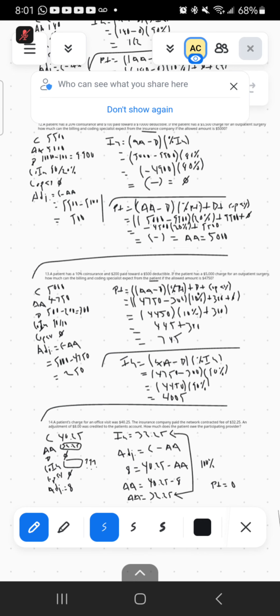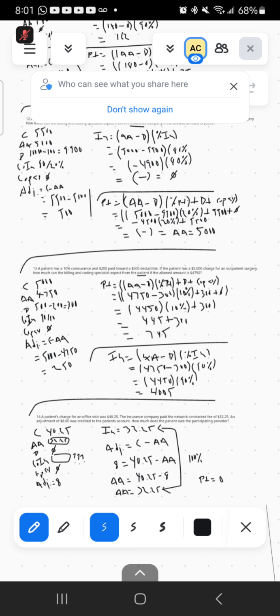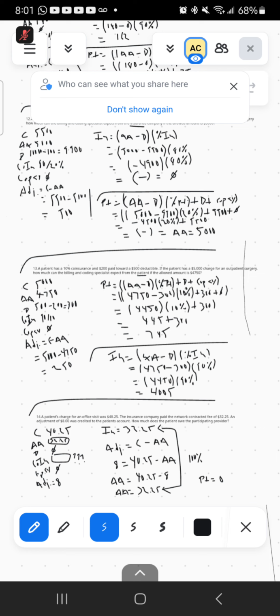Do you guys see number 13 now? Yes, I see it. Anyone does not see 13? Okay. So I'm gonna scroll down all the way to the bottom of 14 again.